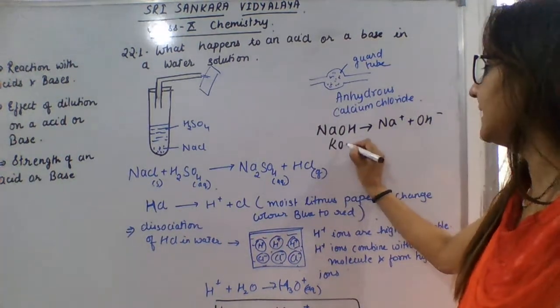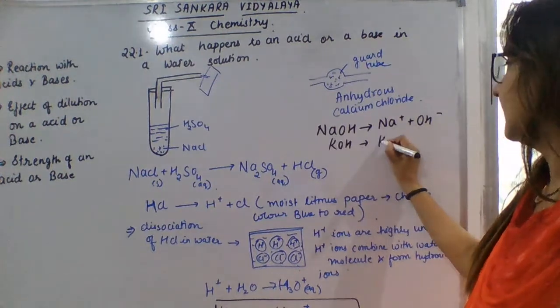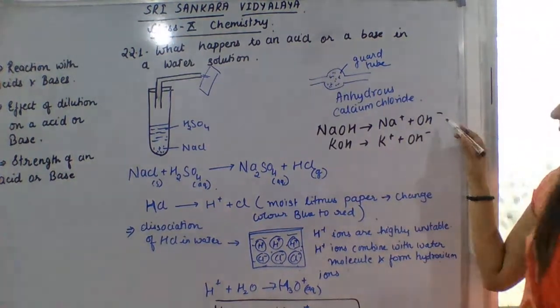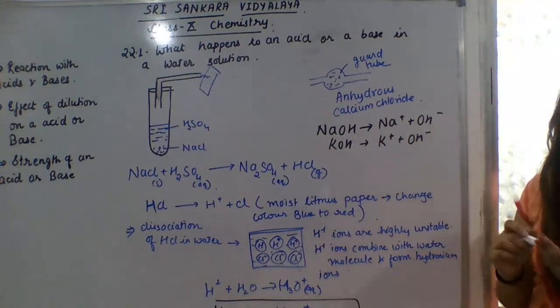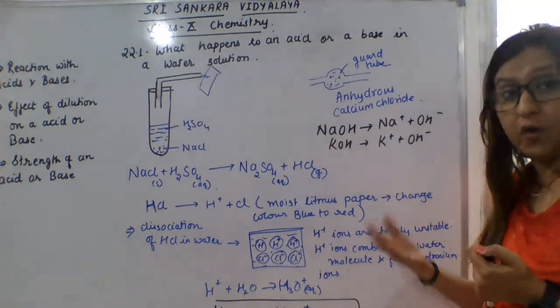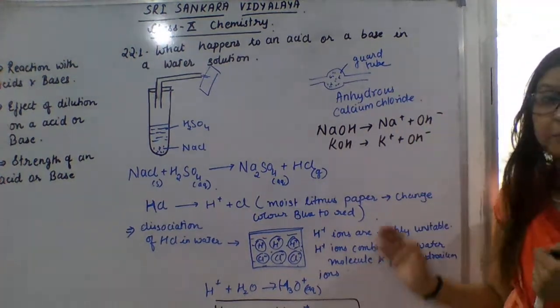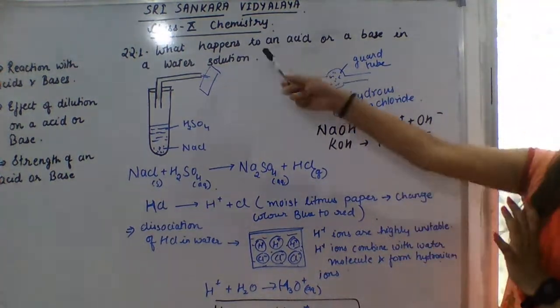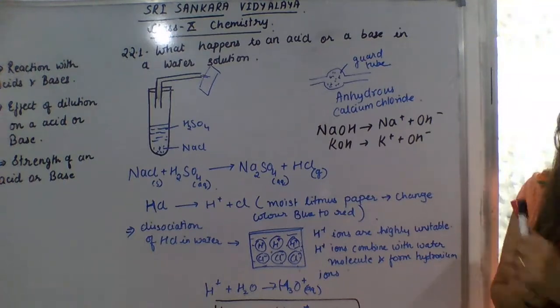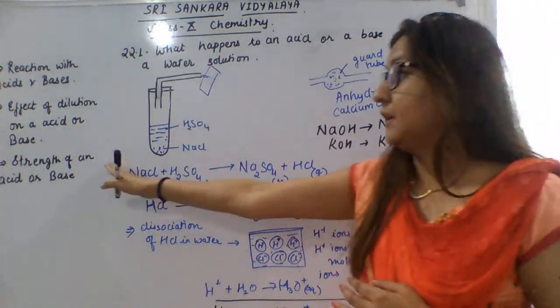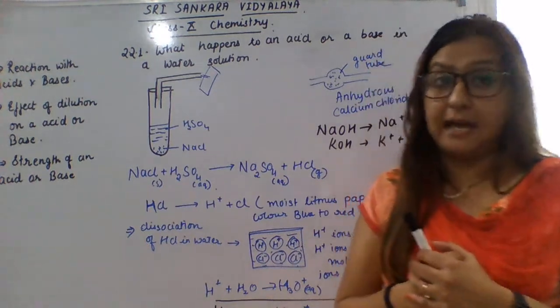Suppose KOH dissociates into K plus and OH minus. So bases also dissociate in the presence of water into ions. From this activity we have seen what happens to an acid and a base in water solution. In the next class, students, I will explain the strength of an acid and base.